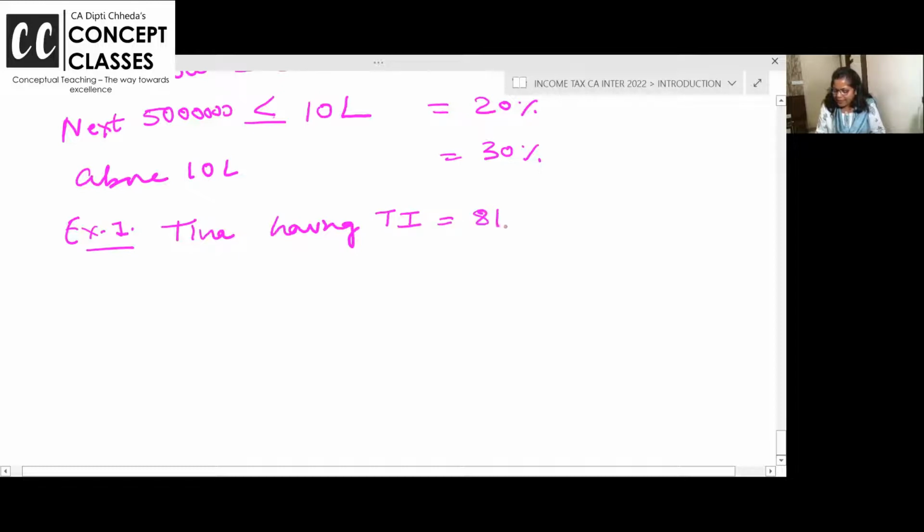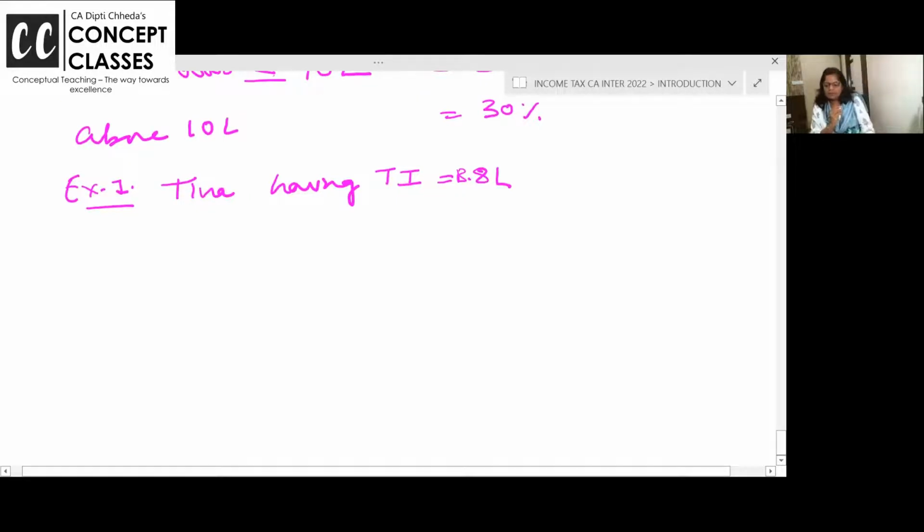Tina is having total income 8 lakh rupees. Write down the example with me.